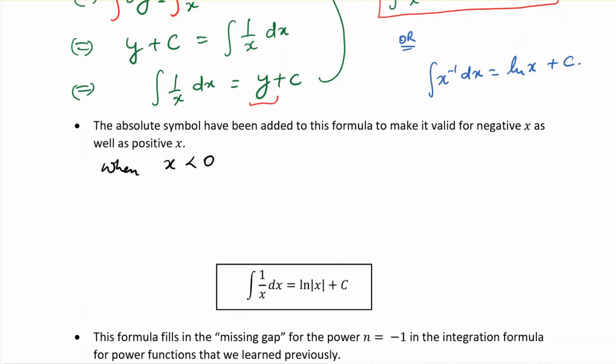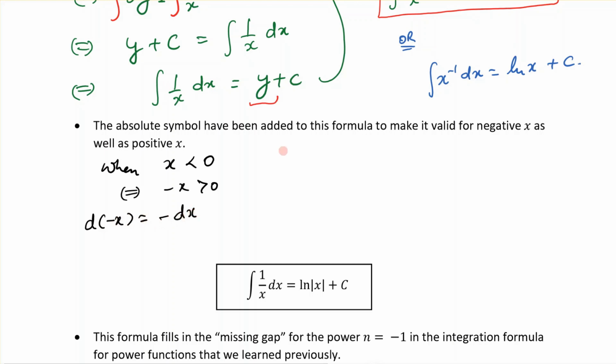This implies negative x is positive. And from here, if I try to find the differential of this, the differential of negative x is negative dx.